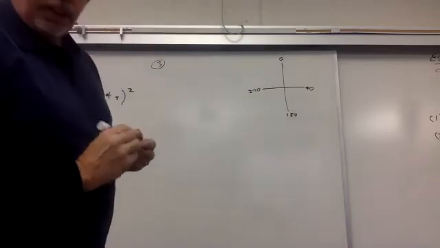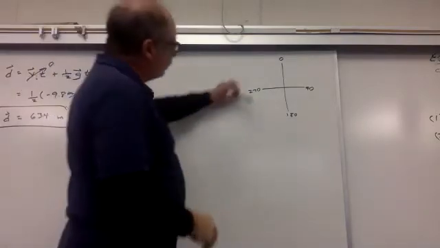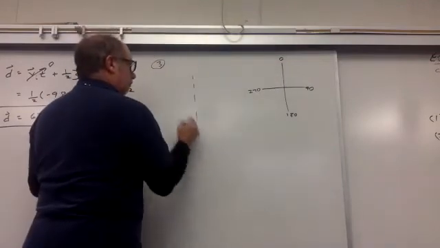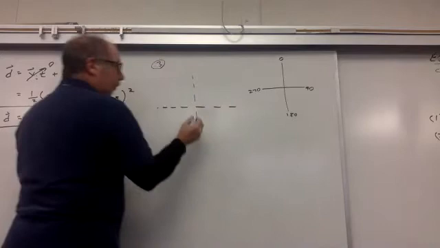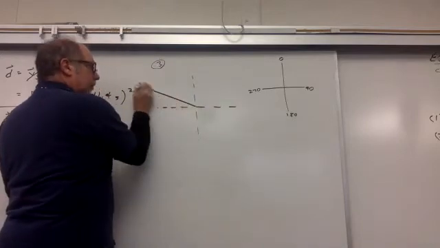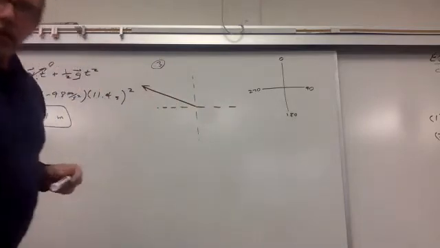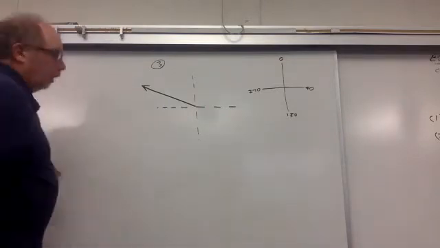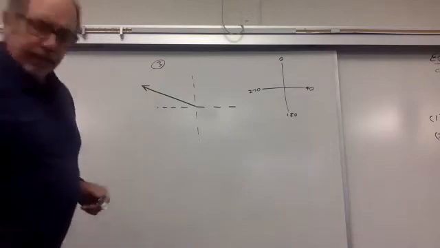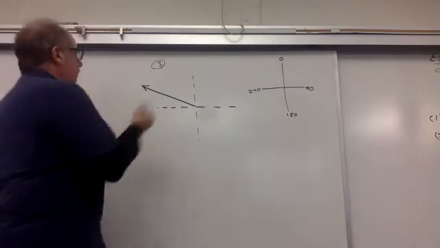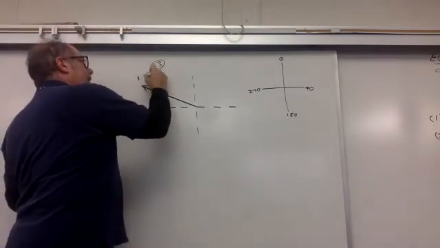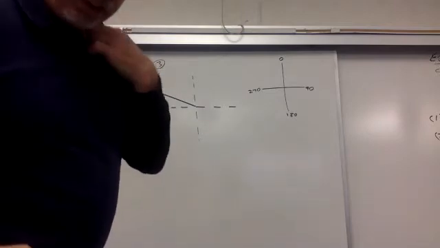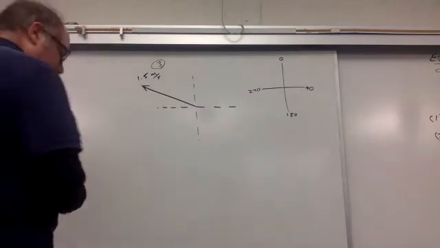So 300 degrees is sort of like that, and the velocity was 1.5 meters per second. What they want us to find is the westward and northward components of the motion.